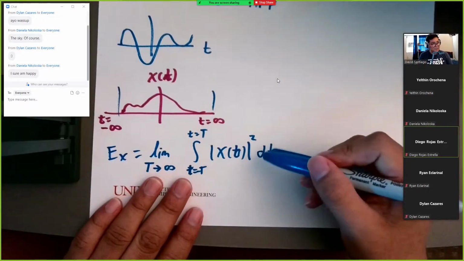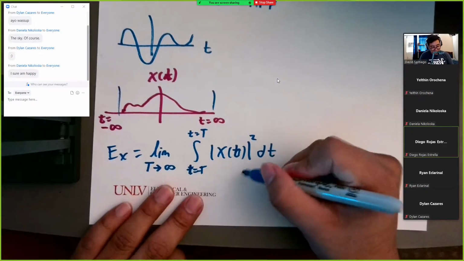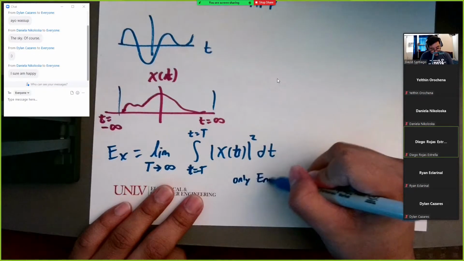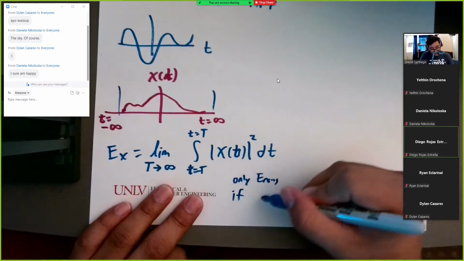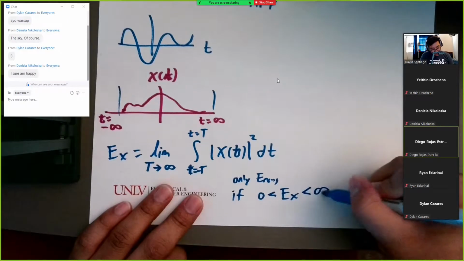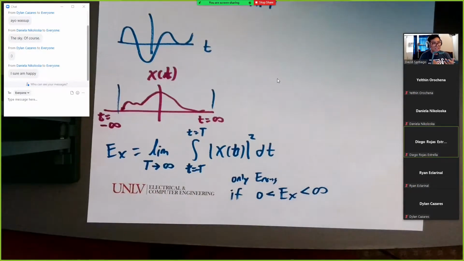And how do you tell if it's an energy signal? It's only an energy signal if it's bounded, aka it's finite. You can add it. It doesn't go into infinity.